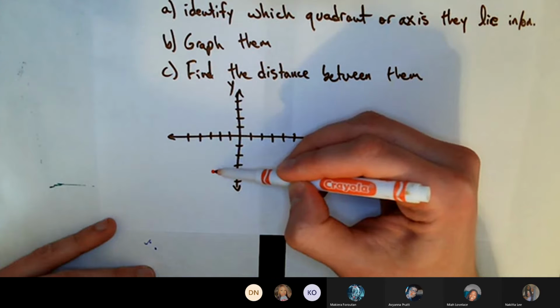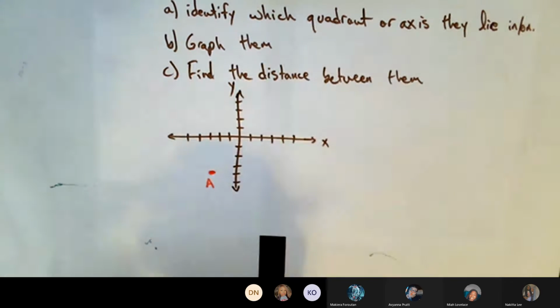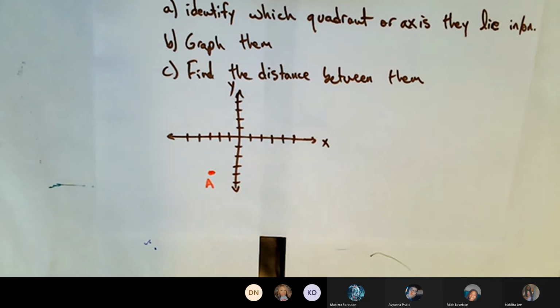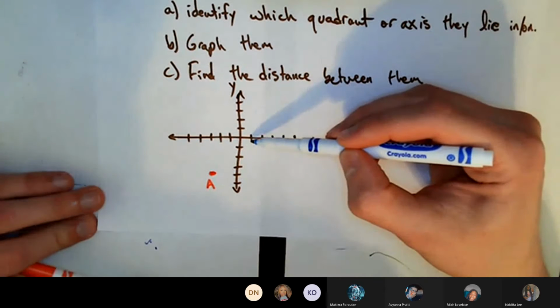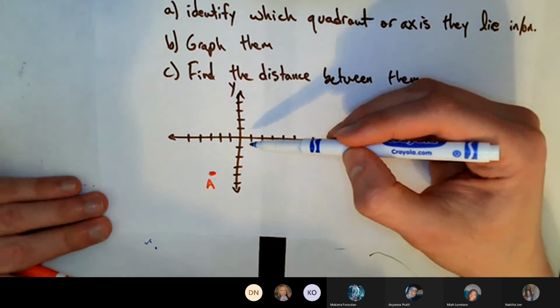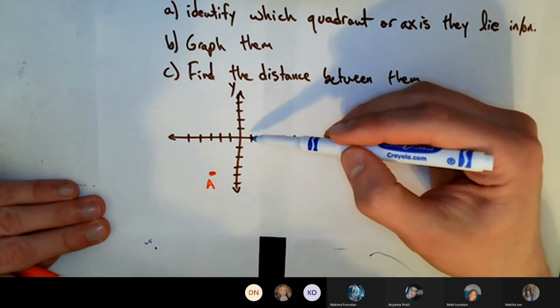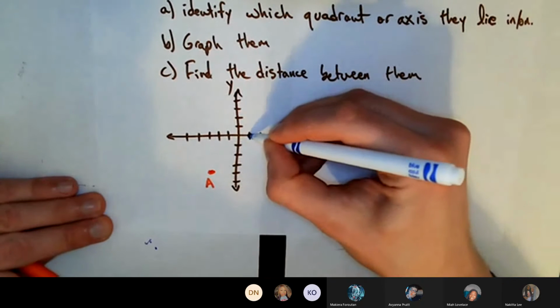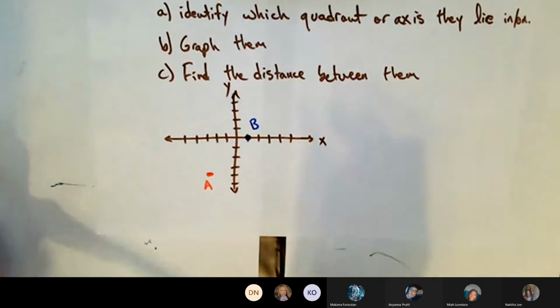So somewhere right about there, maybe a little bit further over. That's point A. Point B is at (1, 0). So for x, it's over at 1. And for y, it's 0, meaning it doesn't move up. It's not positive. It doesn't move down. It's not negative. It's right at 0, meaning it's on the x-axis. B.